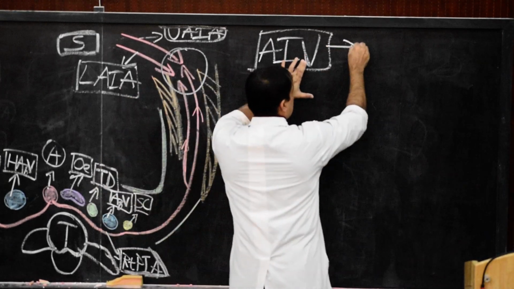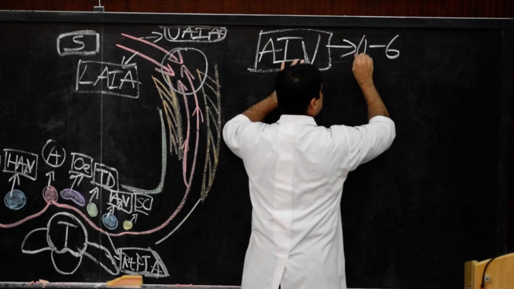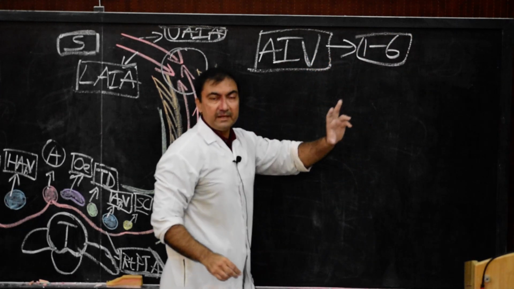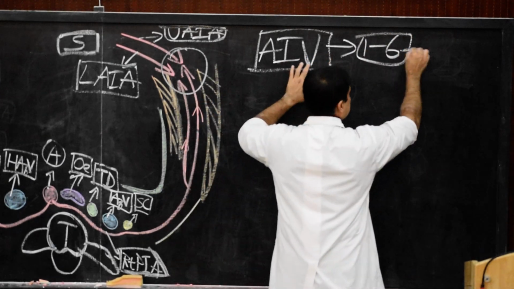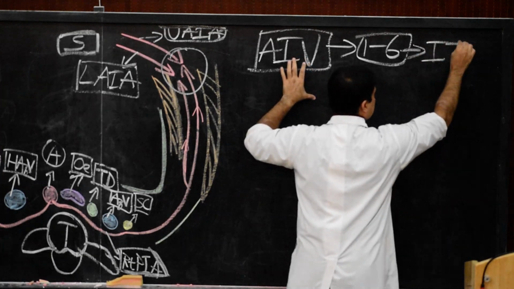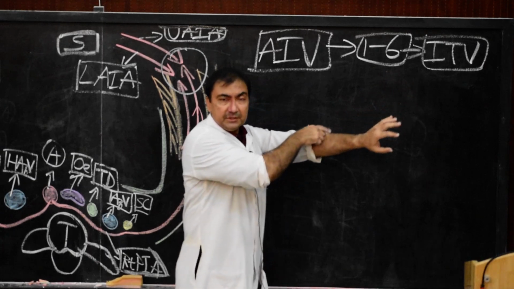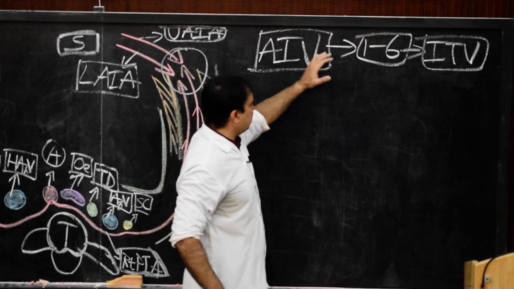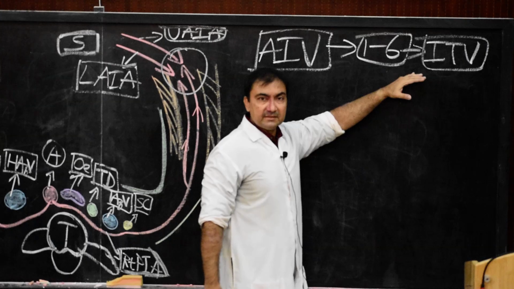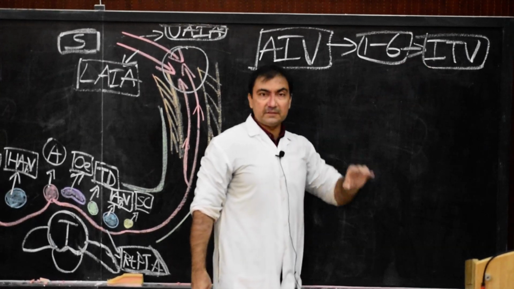In the upper 6 spaces, the anterior intercostal vein will drain into, please note down, the internal thoracic vein. This is also asked in MCQ. In the upper 6 intercostal spaces, the anterior intercostal veins will drain into internal thoracic vein.